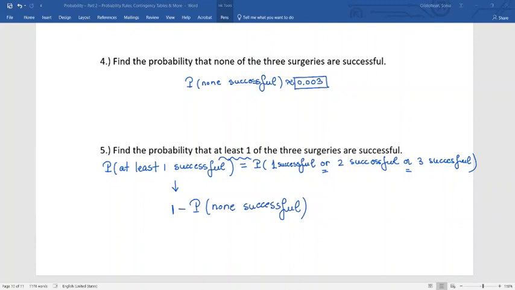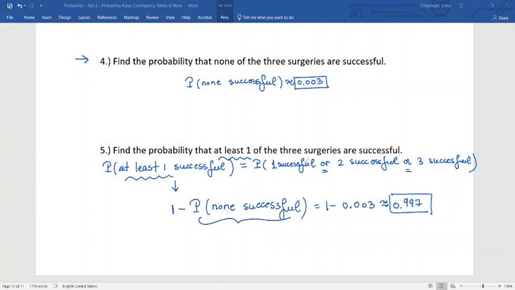These two, the probability of at least one successful and the probability of non-successful, are complementary to each other, which means if I can find the probability of the complement, and yes, I already found it on the previous problem, non-successful, just subtracting that from 1 will answer the original question. So right here I have 1 minus 0.003, so that will be 0.997.